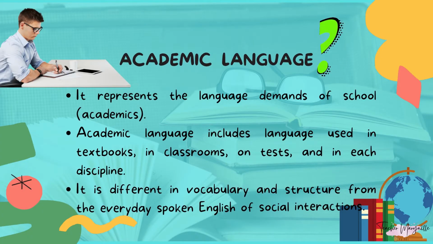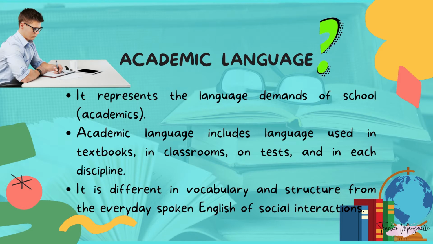So, what is an academic language? An academic language represents the language demand in school or academics. Academic language includes language used in textbooks, in classrooms, on tests, and in each discipline.